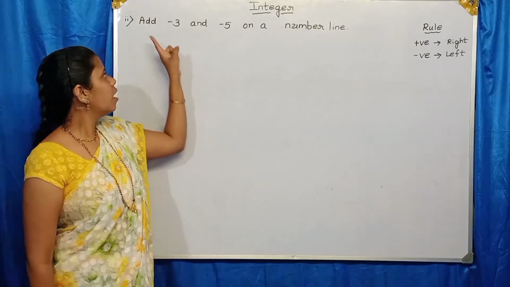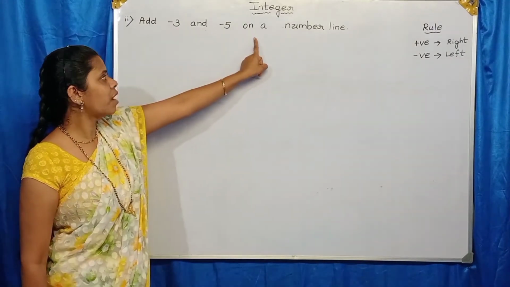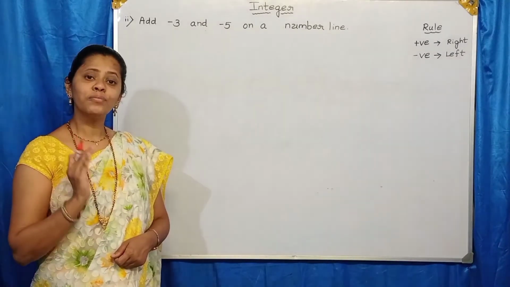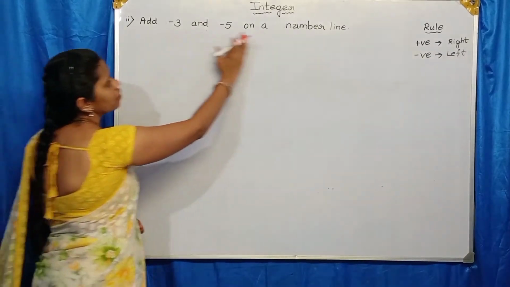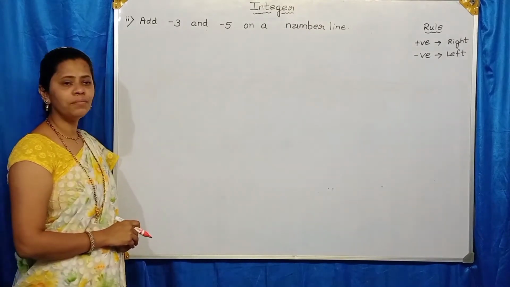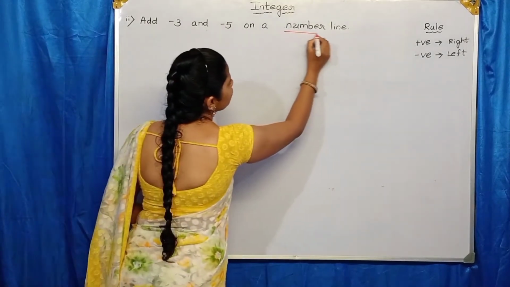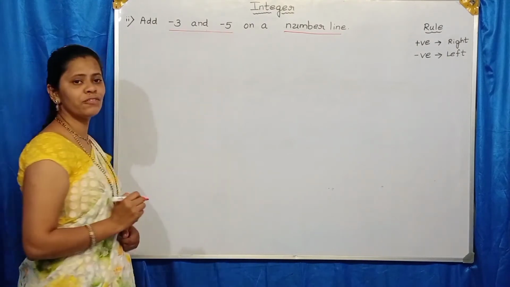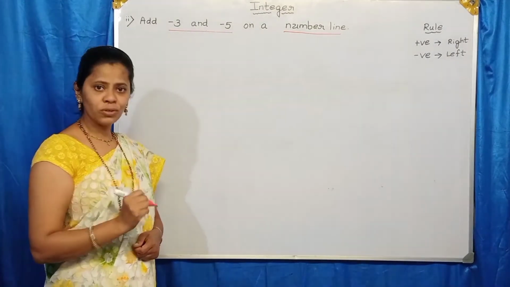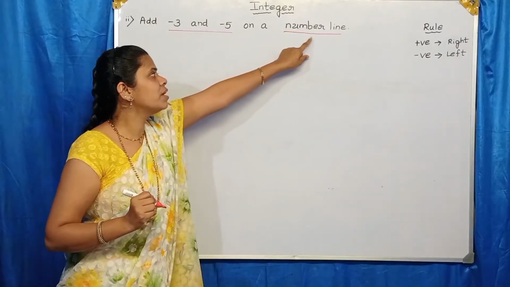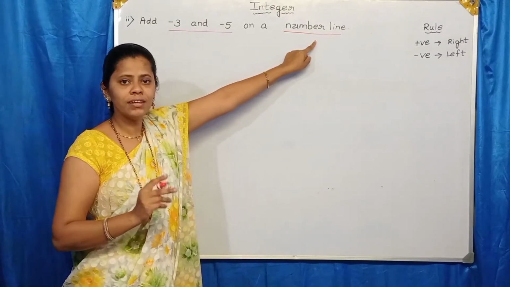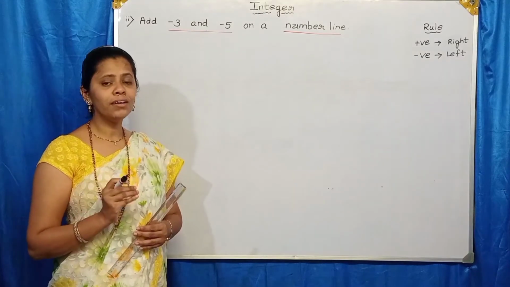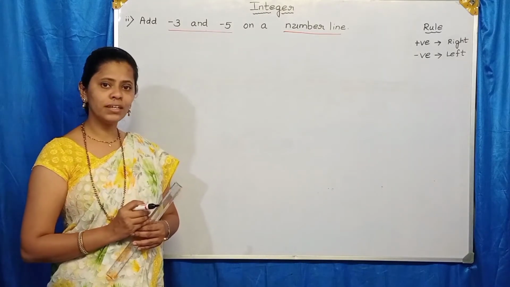That is, add minus 3 and minus 5 on a number line. You can observe two parts in the question. What is that? The first part is the number line and we have to add minus 3 and minus 5 on a number line. So, now first let's complete the first part. That is, first let's draw a number line. To draw a number line, follow the steps as we have done before.